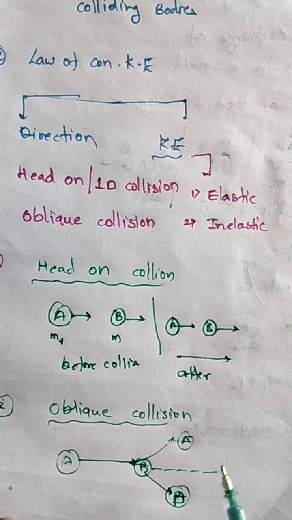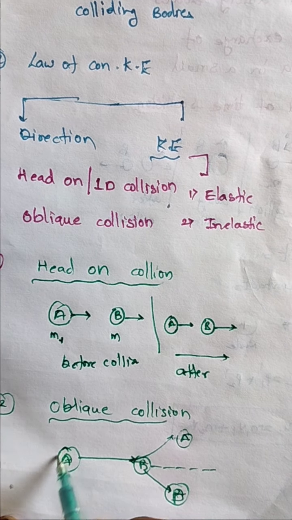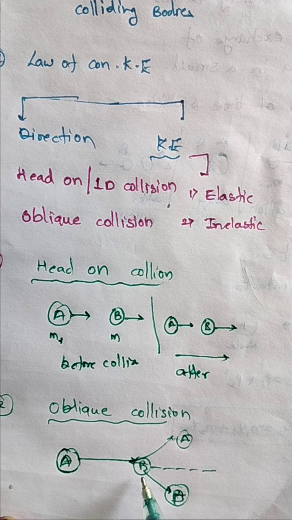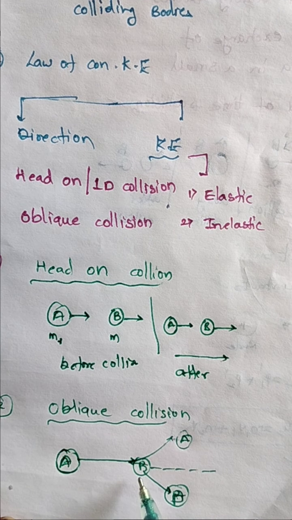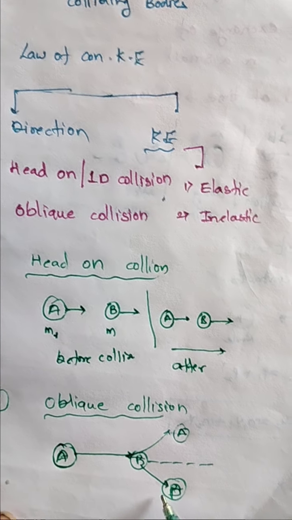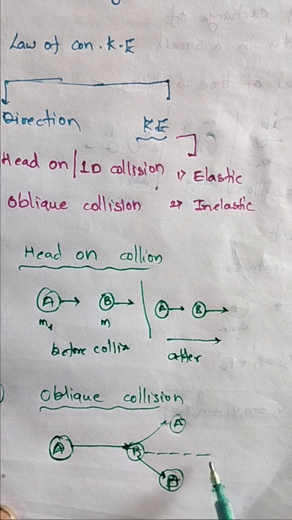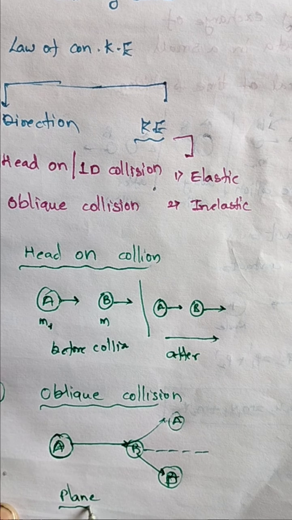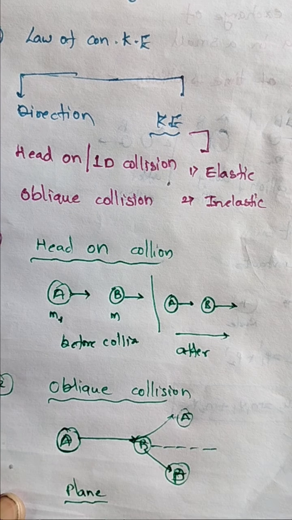So what is an oblique collision? When object A collides with B at some angle, A and B are not moving in the same line; they move in a plane. This collision is called an oblique collision.